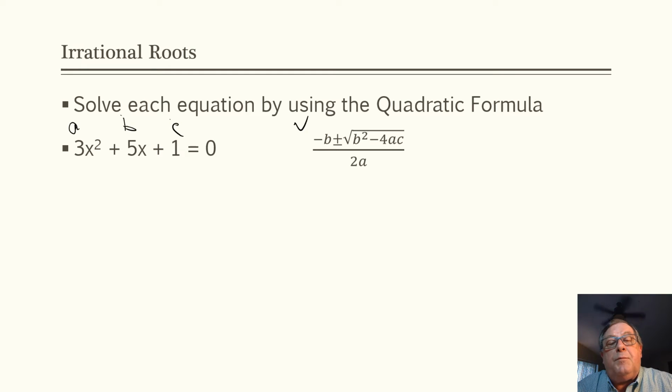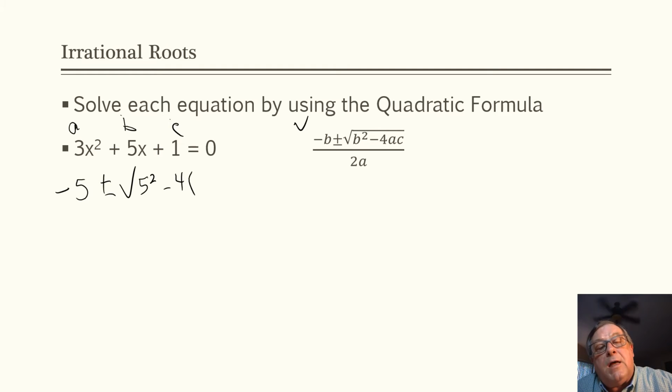So let's see, negative b, well, that would be negative 5 plus or minus the square root of 5 squared minus 4 times a, which is 3, times c, which is 1, square root of all that, over 2 times a, which is 3.